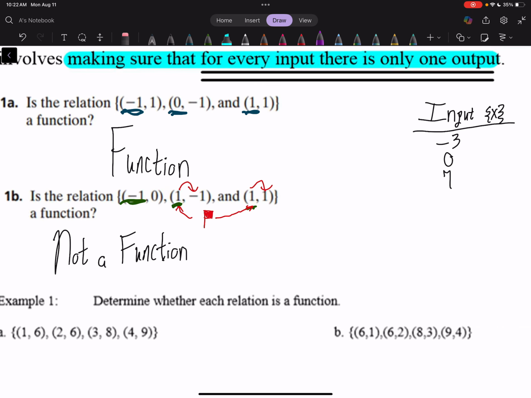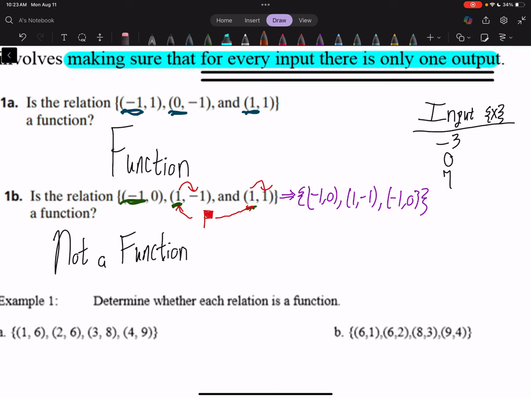Really quickly, I want to change this relation. Instead of having what is shown, we're going to have -1, 0, 1, -1, and I'm going to change the last one to be -1, 0.